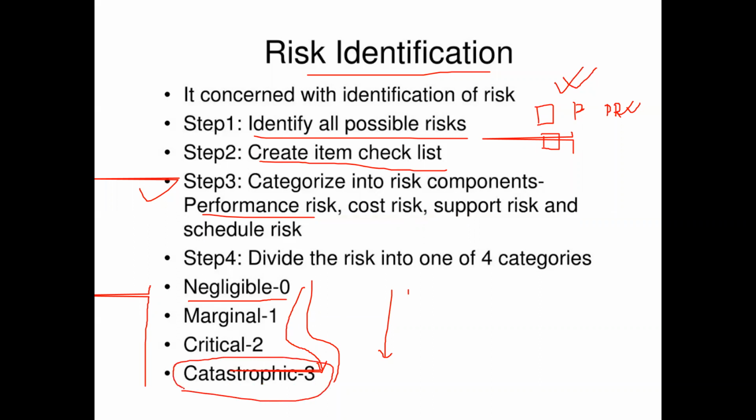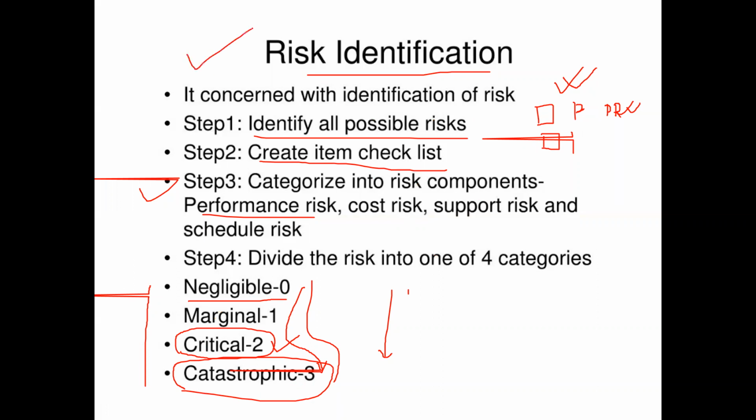Critical is also a very high risk, but it will not affect the project as much as catastrophic. So you have to decide how much impact factor each risk has, and list it out.